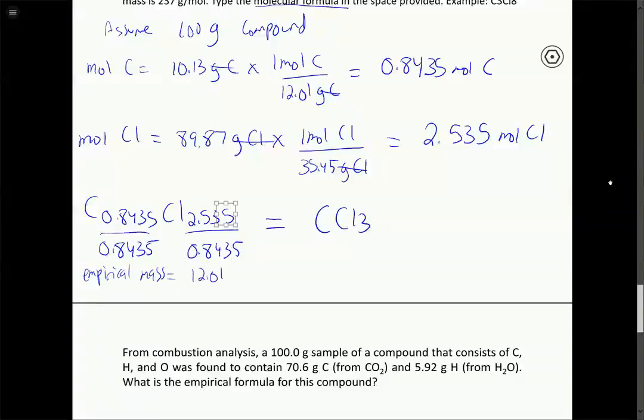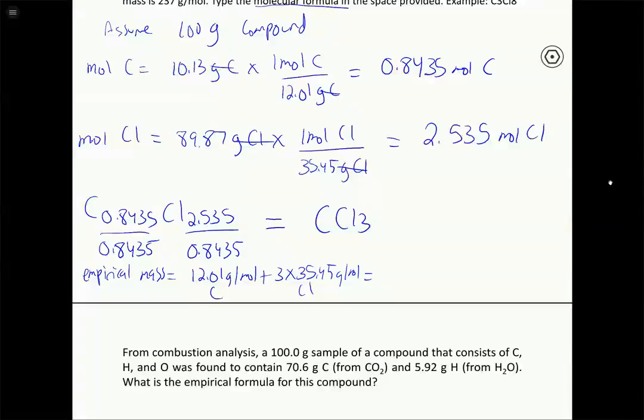It's the mass of carbon, 12.01, plus 3 times the mass of chlorine, which is 35.45. So the empirical mass for this compound is 118.4.